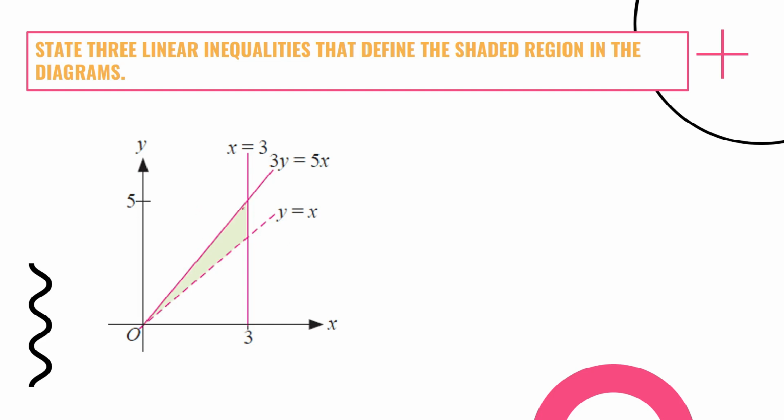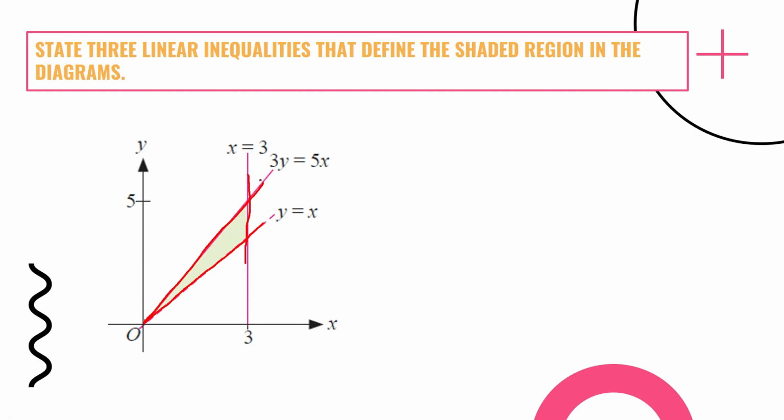The equations involved are this line, the second one is this line, and the third one is this one. They surround this shaded region.